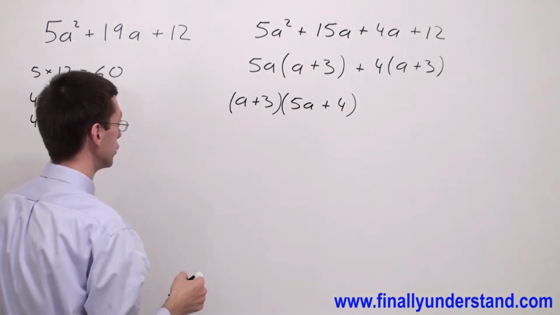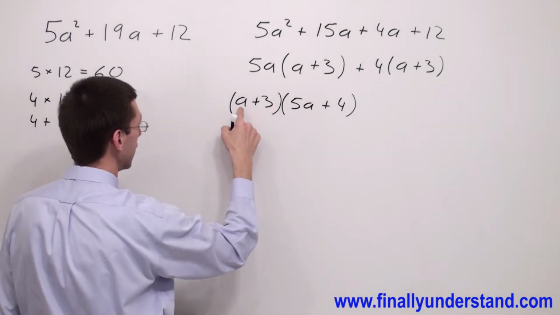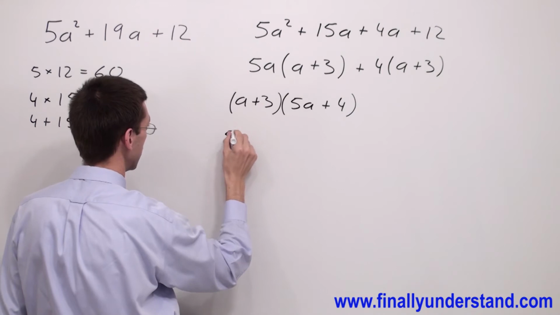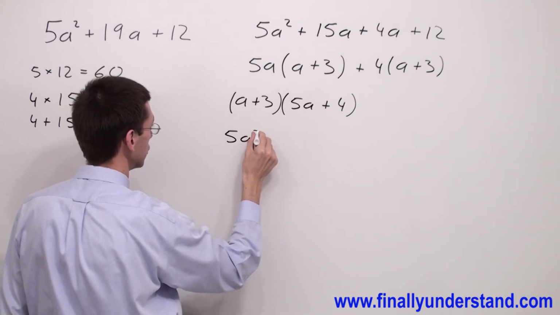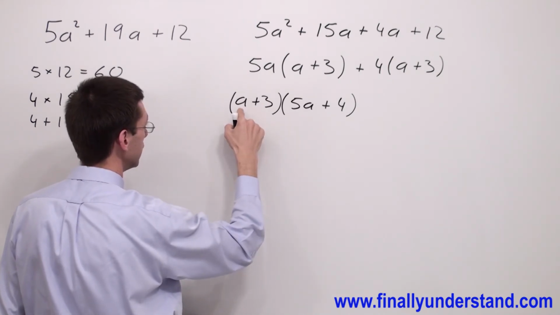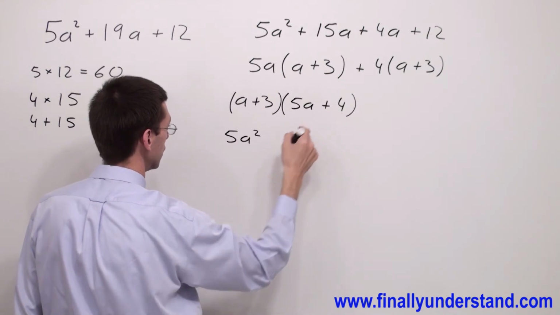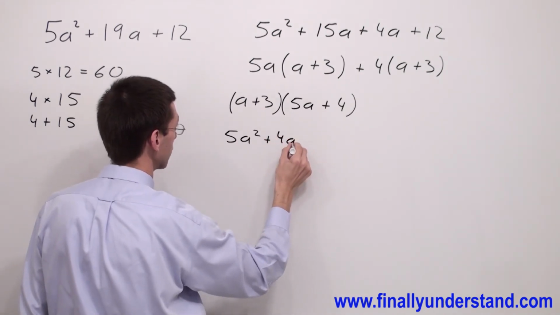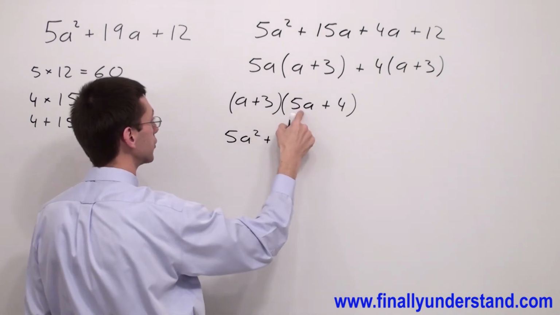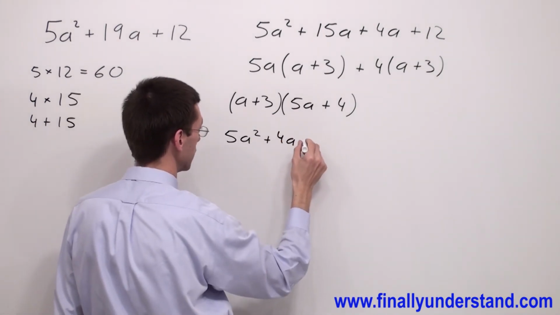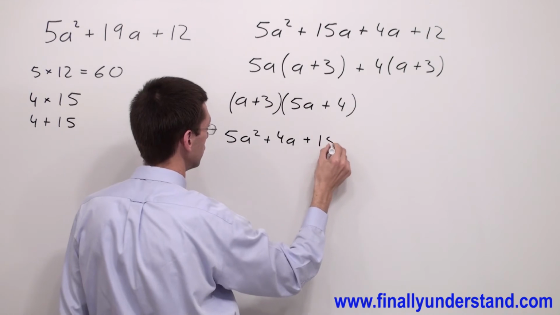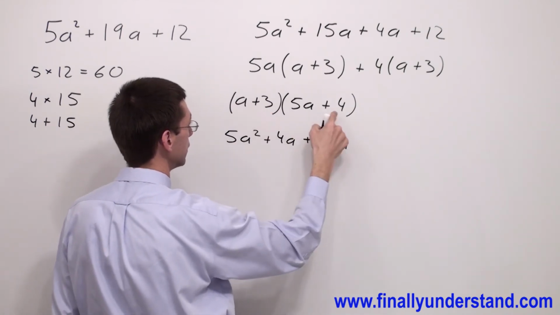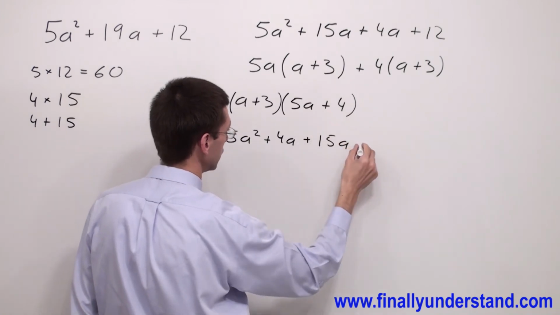But let's verify if this is true. a times 5a is 5a squared. a times 4 gives me positive 4a. 3 times 5a gives me 15a. 3 times 4 gives me 12.